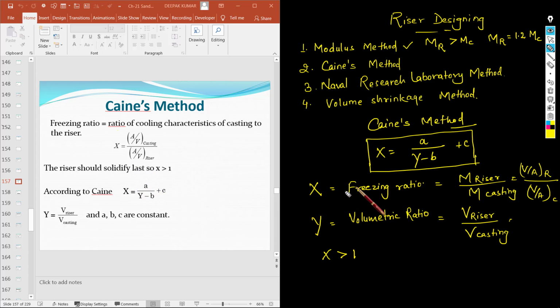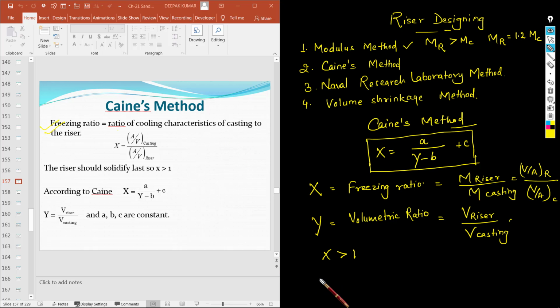So the freezing ratio should be greater than 1. So understood? Actually it is not this definition. If the definition of freezing ratio is asked, then you will write that it is the ratio of cooling characteristic of casting to the riser. Never write modulus of riser divided by modulus of casting. Clear?